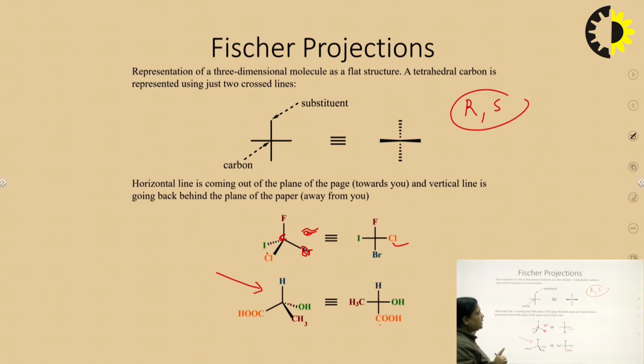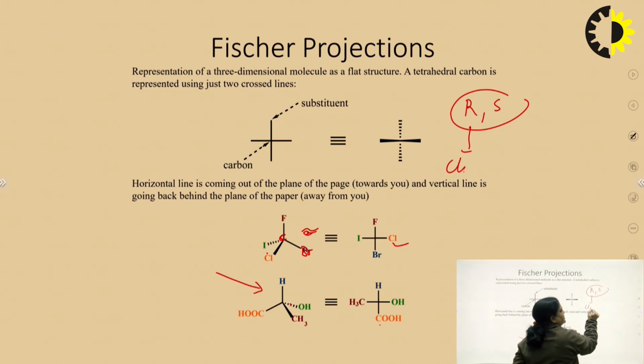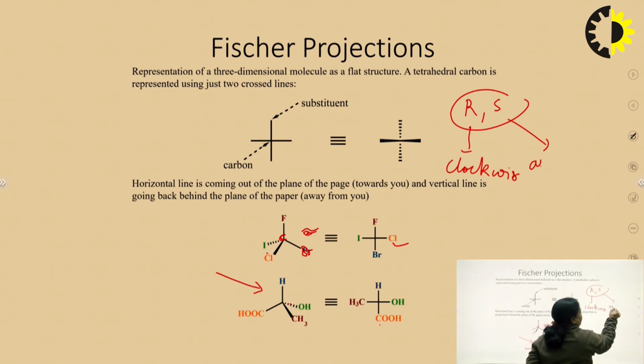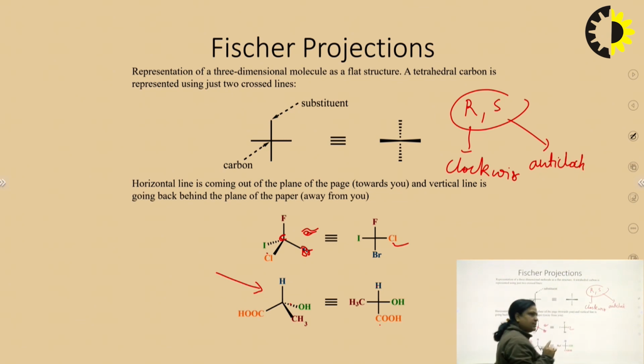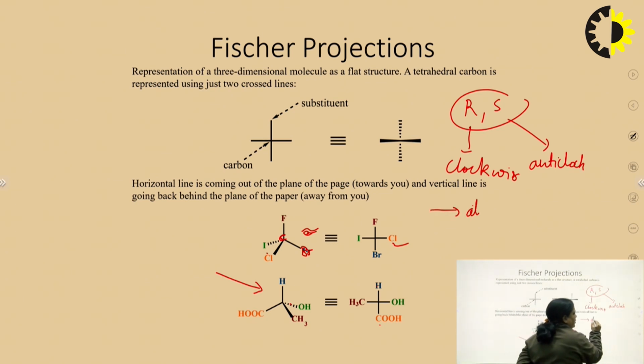So first convert this 3D structure into 2D form, and then we check whether it is R or S. R is rectus, which means clockwise. And S is sinister, that is anti-clockwise. So first we give the numbering, and number 1 should be based on the atomic number of the directly attached atom.